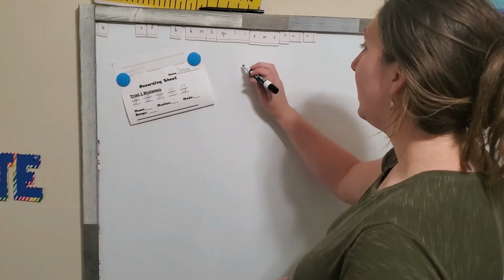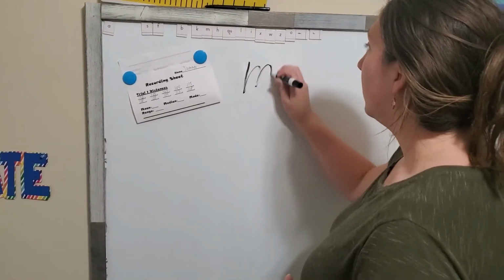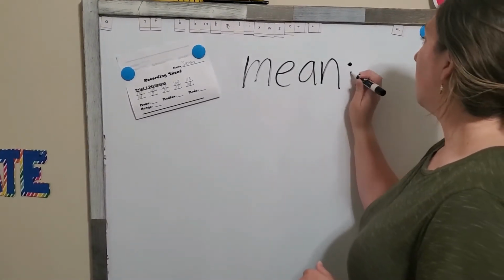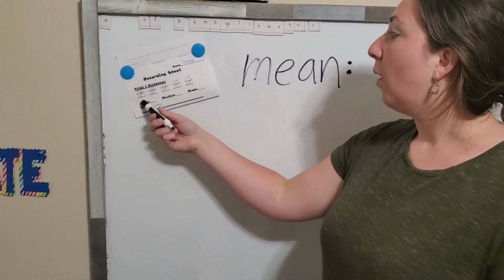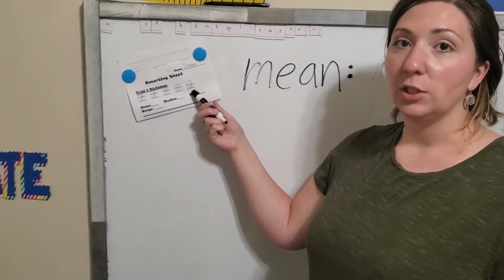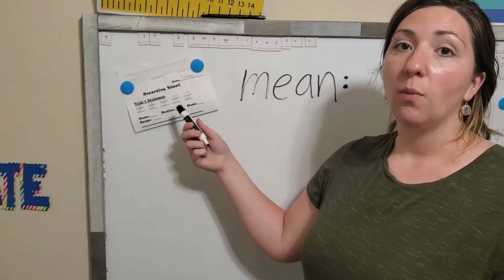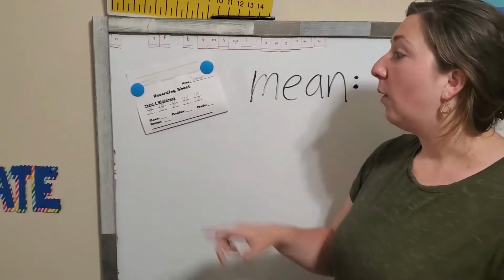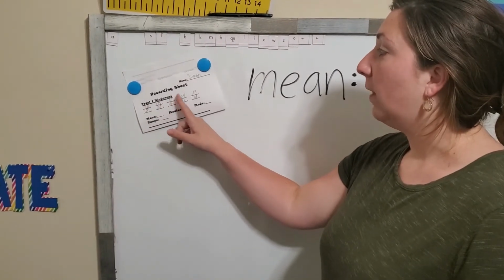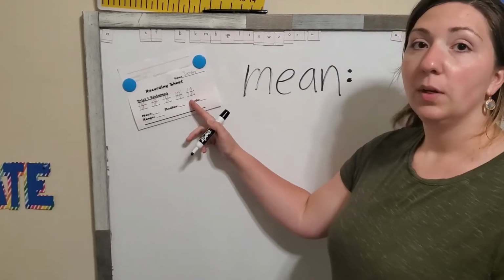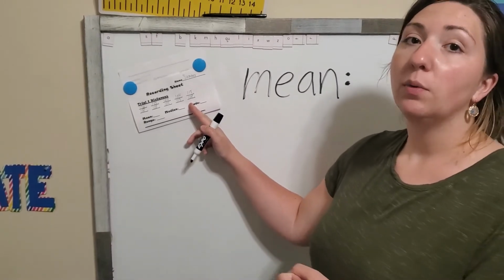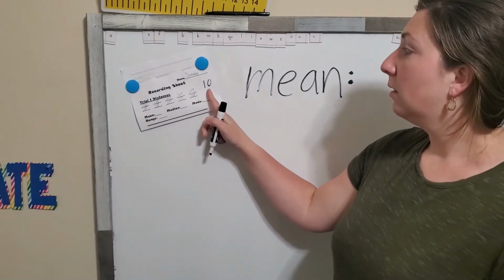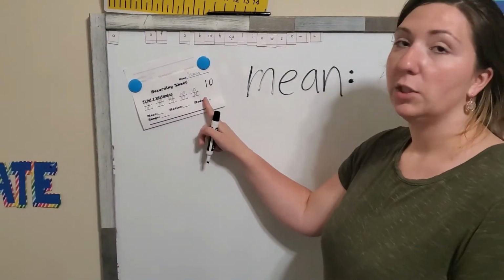So remember, the mean is where we add up all the numbers in our data set, and then we divide it by however many numbers there are in that set. So if you remember, we let our balloon go 10 times. So there are 10 sets in our recording sheet.